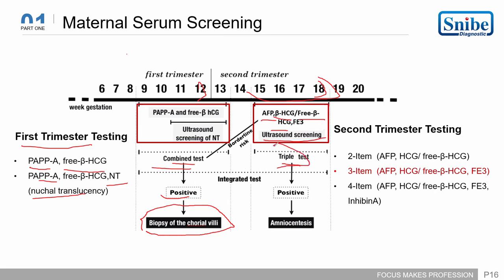If the triple test is positive, then amniocentesis, an invasive procedure, is recommended.